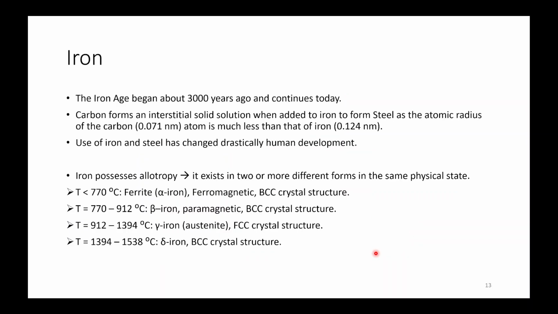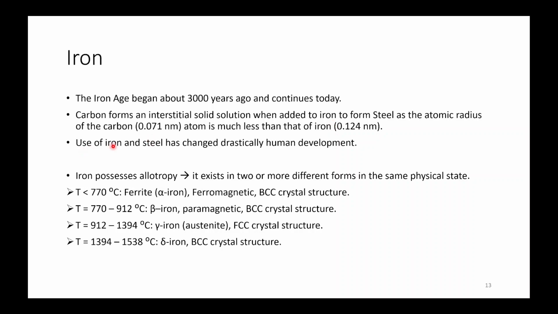Now firstly iron. So the Iron Age began about 3000 years ago and it continues today. Carbon forms an interstitial solid solution when we add it to the iron. So it forms steel, as the atomic radius of the carbon is very small compared to the atomic radius of iron.